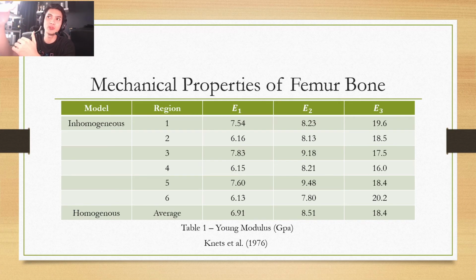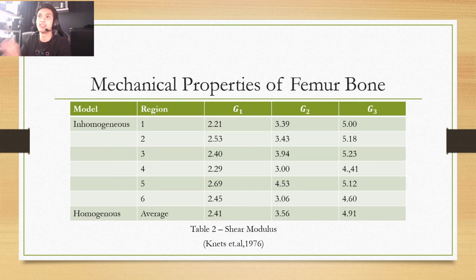For inhomogeneous, we divide it into six regions. For homogeneous, we don't divide, but we use an average to cover all regions. The second one is about shear modulus. So we compare which value is better, homogeneous or inhomogeneous.